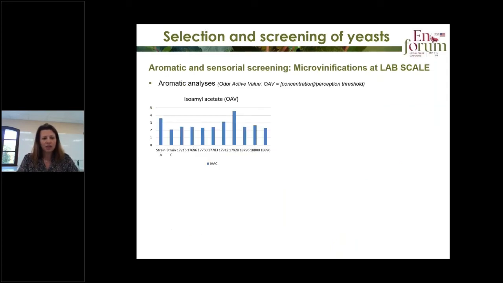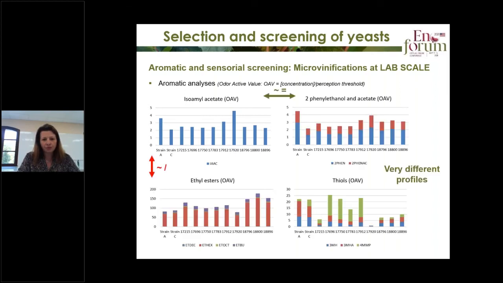Aromatic analyses are carried out to evaluate the impact of yeast on the aromatic and sensorial quality of wine. This graph shows the odor activity value of each molecule. We can see the different strains have very different capacities to produce these different molecules, so they produce wines with very different profiles.